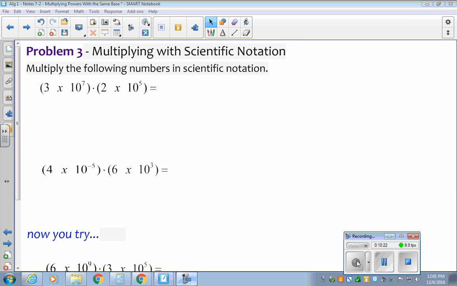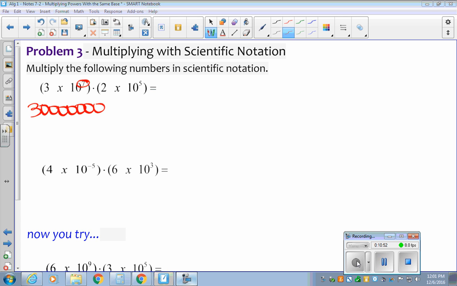So in science, a lot of times we have either really giant numbers or really small numbers. So instead of writing a whole bunch of zeros, whether it's on the right or the left of the decimal, we put things in scientific notation. For example, 3 times 10 to the 7th, that is a 3 with 7 zeros.